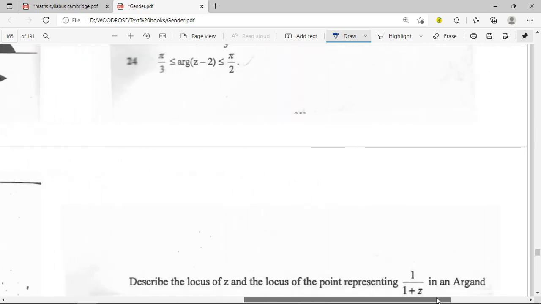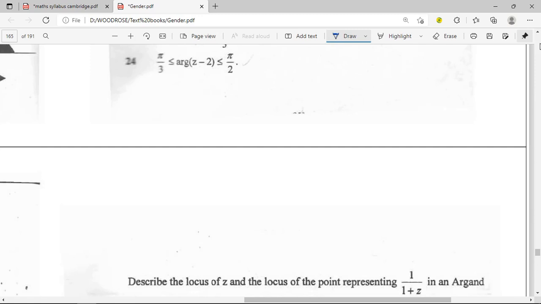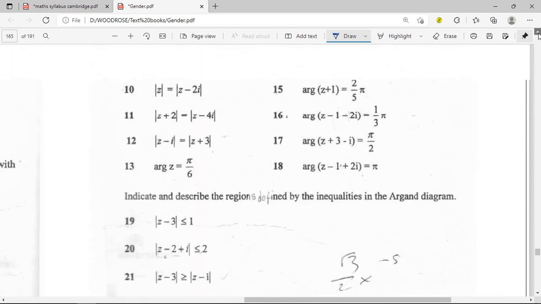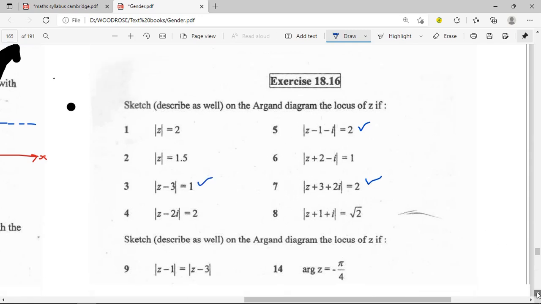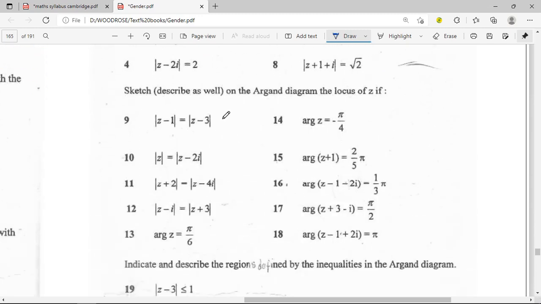But for now, here is your exercise. You can pause the video. I want you to do these ones. There are just a few. On this one, you do number 5, 7 and 3. Then for this one, I want you to do number 9, 12, 17 and 18.